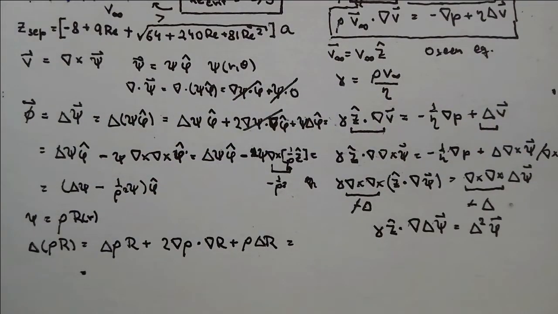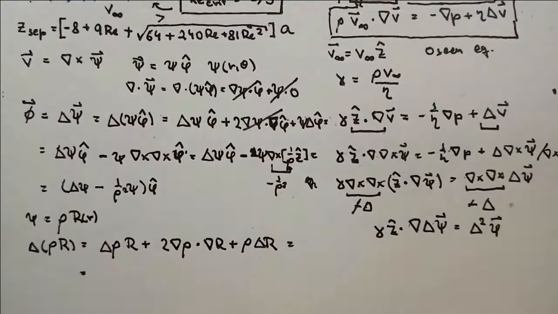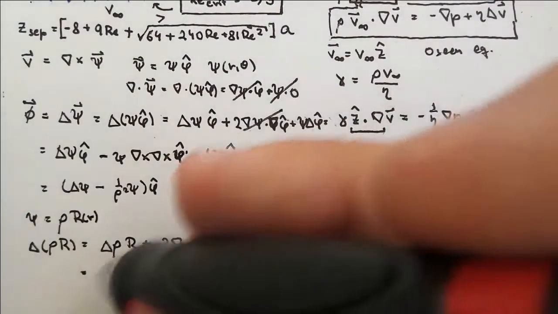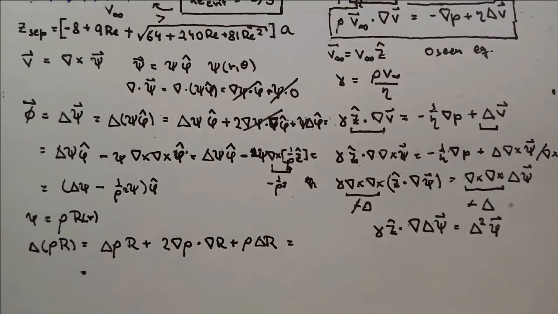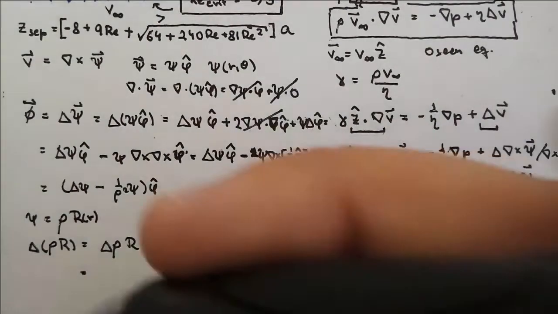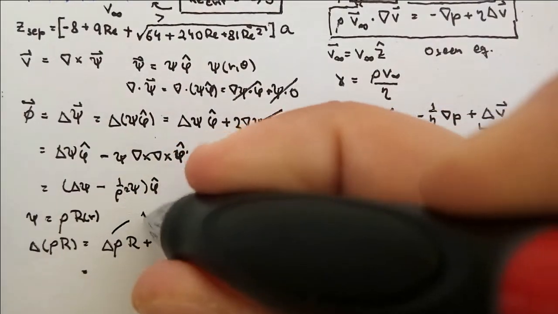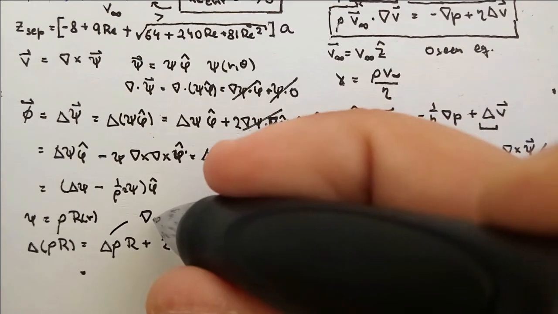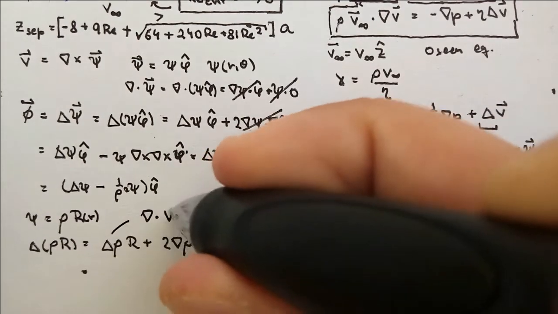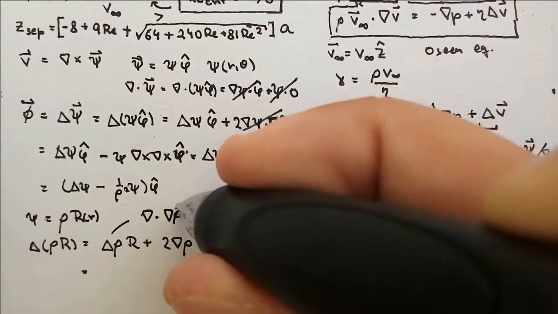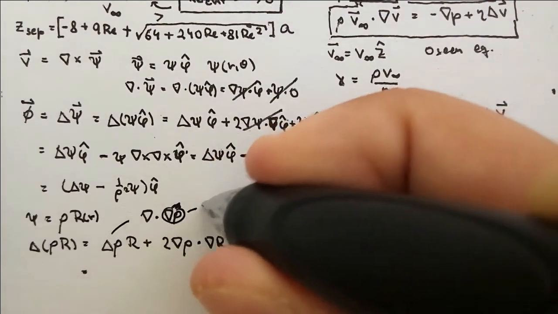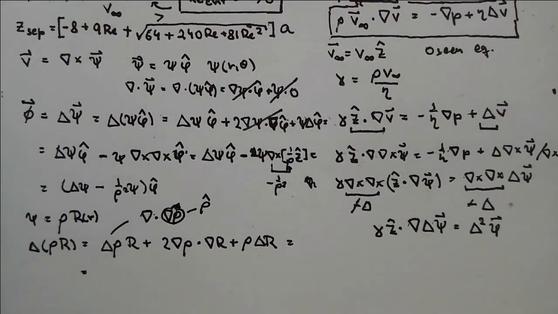Again, I think this is going to be 1 over rho, but you can compute it yourself. This can be written as the gradient of the divergence of the gradient. This is rho hat, and the divergence of rho hat.